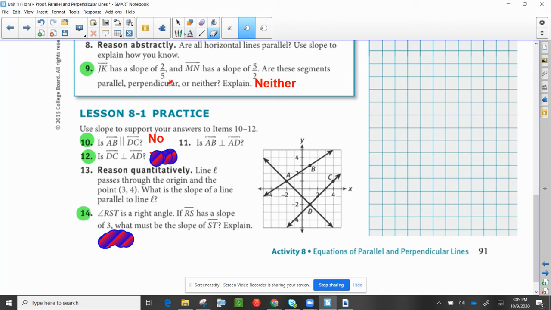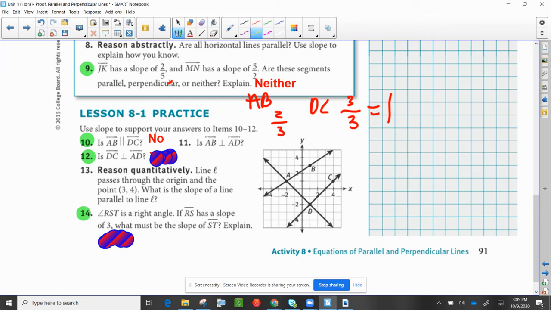The answer here is no. AB rises 2 and runs 3, so that's 2/3. DC goes up 3 with a run of 3, which gives me a slope of 1. So they're different slopes. They are not parallel.